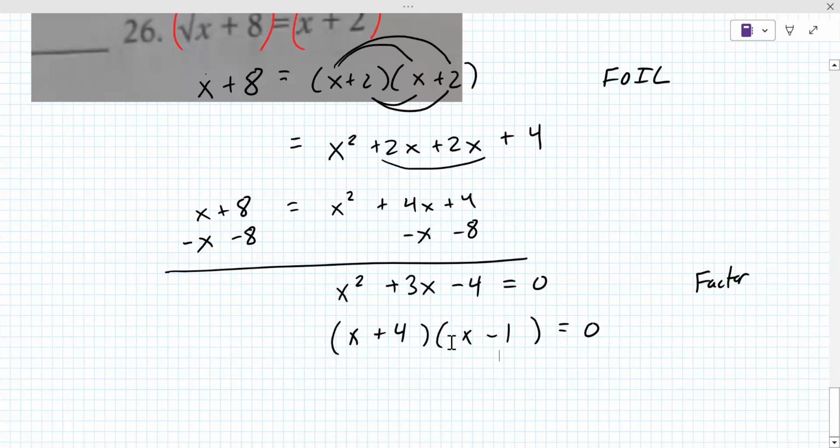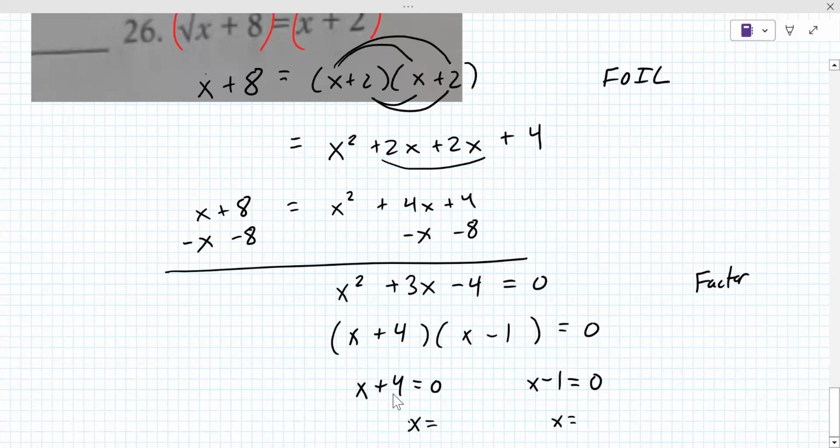All right, is that okay? Mhm. All right, now you're going to set each of these equal to 0. And then you're going to solve for x. What are the two x values? That'd be x plus 4 and then x minus 1.